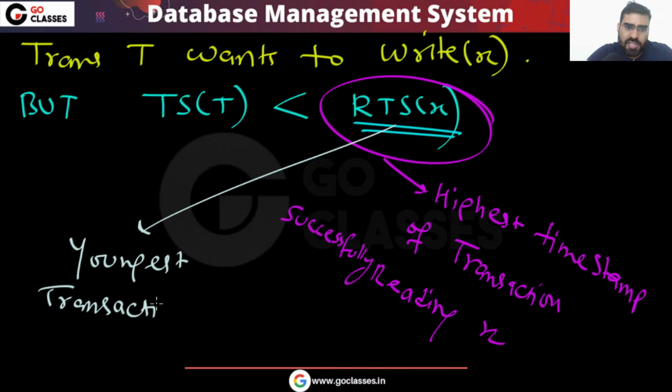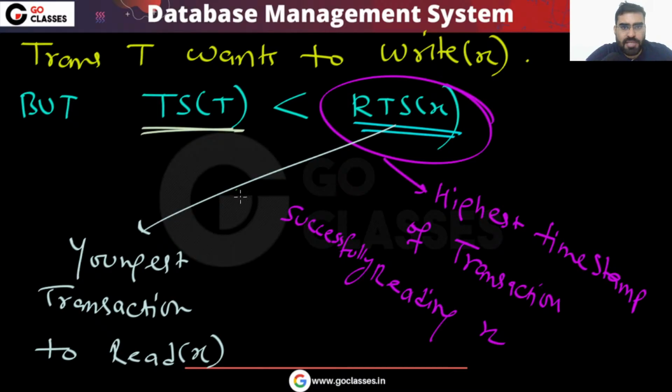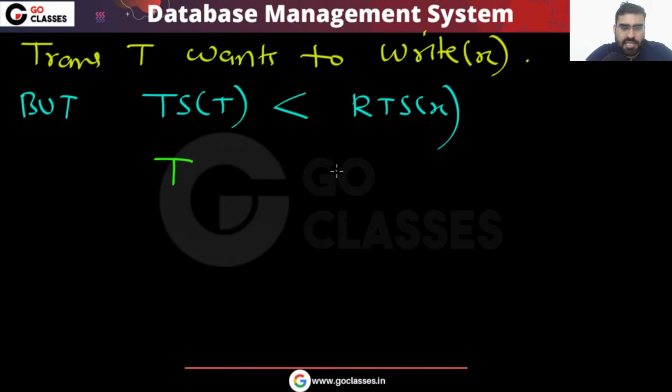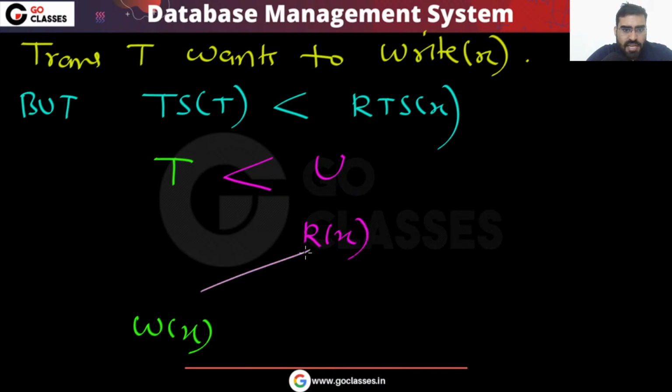T wants to write X, but some younger transaction has already read the item X. So this is again a conflict, and again not allowed.